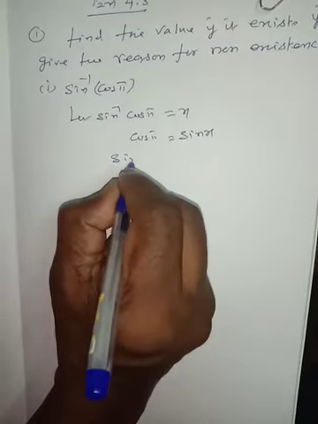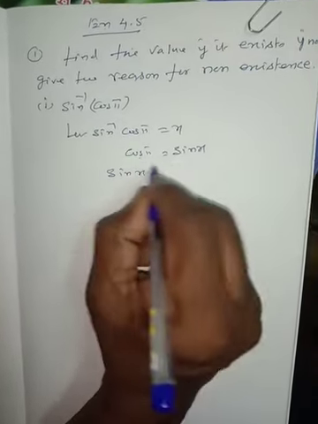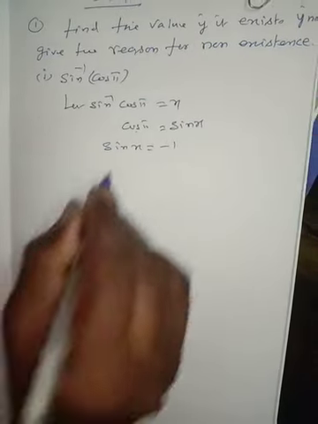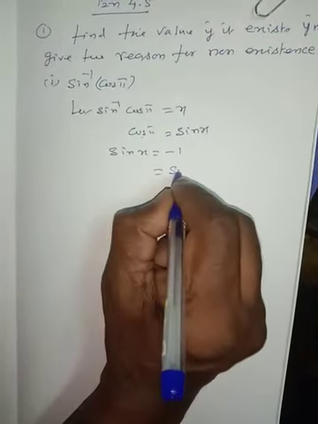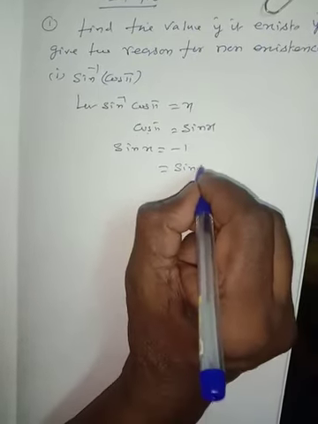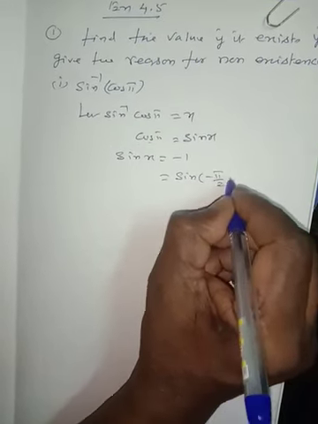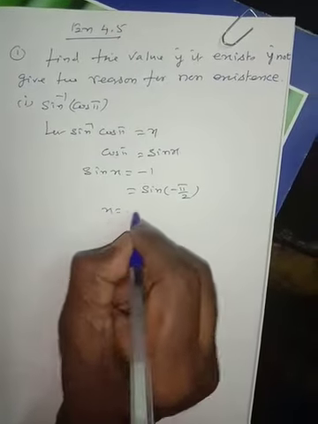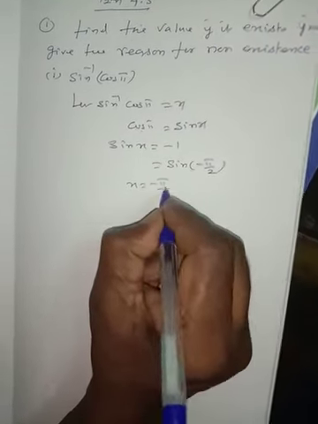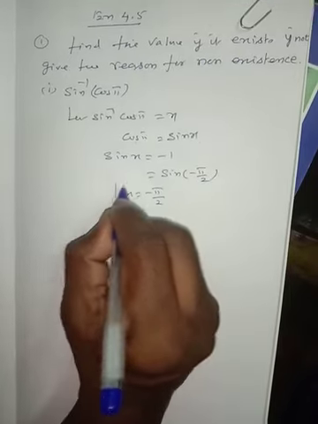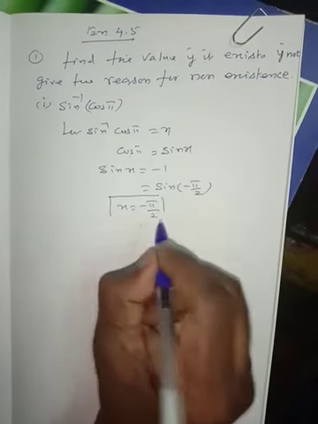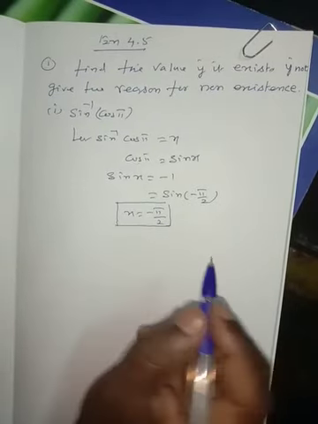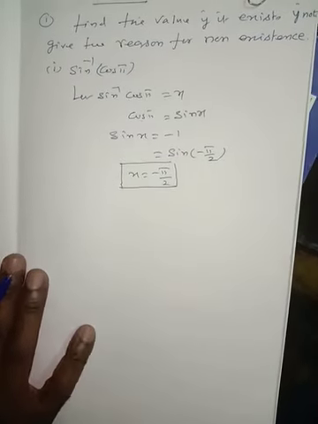Sin x is equal to cos pi, which is minus 1, therefore minus 1. In terms of sin, this is sin of minus pi by 2. Now taking sin inverse on both sides, x is equal to minus pi divided by 2. This x belongs to the closed interval minus pi by 2 and plus pi by 2.